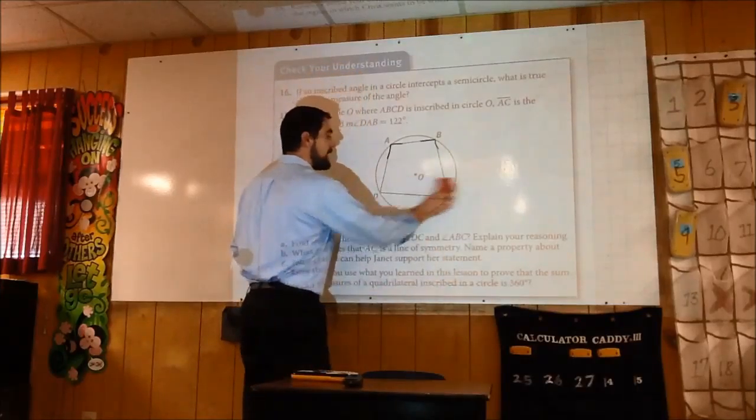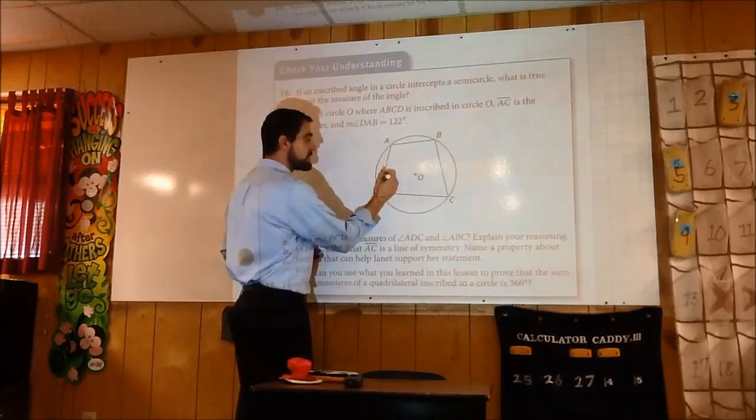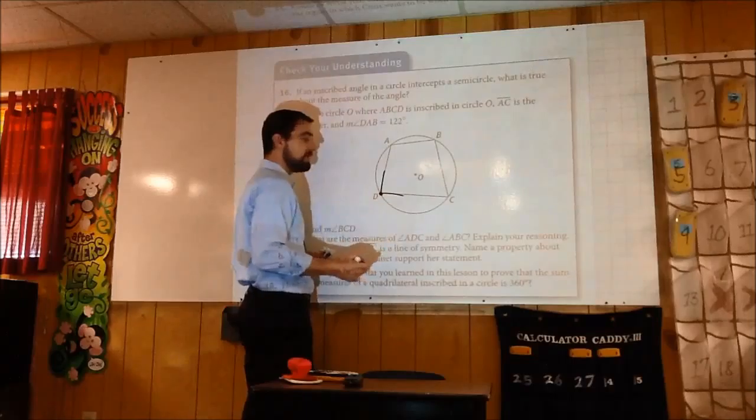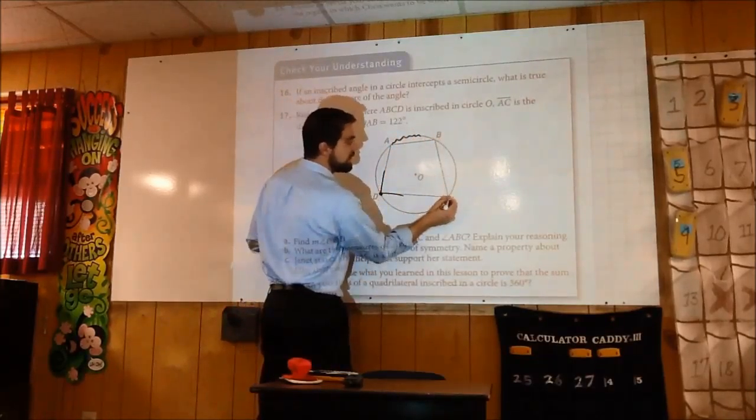There are a couple of theorems that we learned. First off, if you have an inscribed angle, where the vertex is on the circle, then that angle is going to have an intercepted arc.